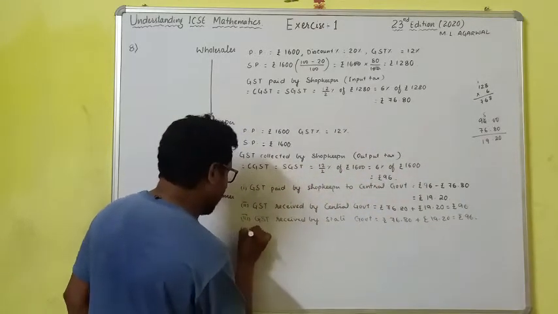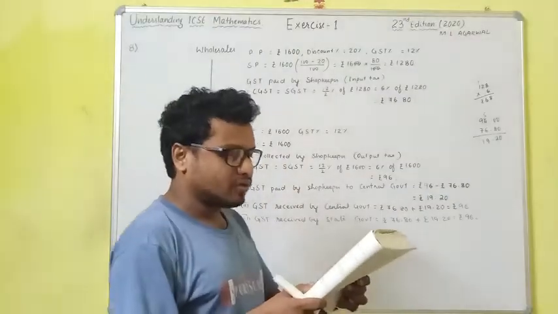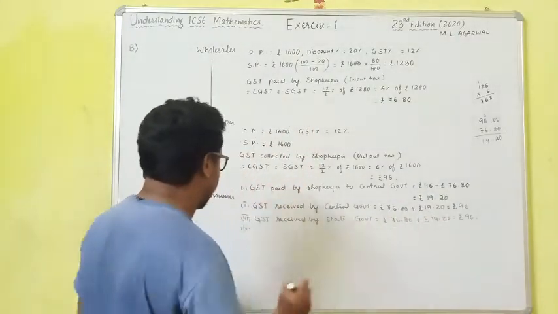Then part 4: what is the amount at which the consumer bought the camera?